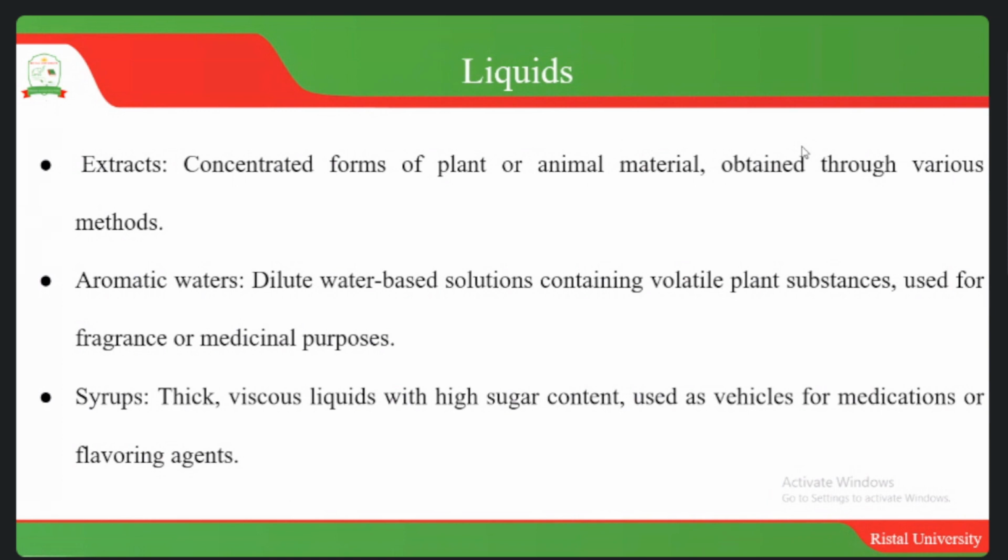So they are extracted either from plants or from animal materials, and this can be used in different conditions depending on what kind of extract and what kind of ingredients are used for making the different extracts. The syrups also play a big role in oral treatment, especially for children. They are a bit thick or viscous liquids, and these contain sugar, because children are the ones who are more often given these syrups.